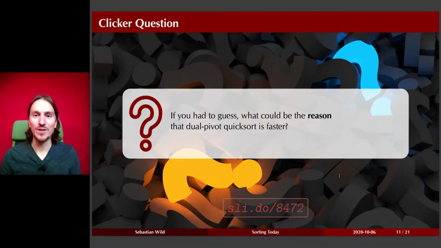It was the same result in different instances. So something is going on, and the effect is strong enough that I don't believe in very, very minor things. There must be some substantial reason. So I'm looking forward to your guesses for what that reason could be before I'll move on and tell you a bit about what I found out about it.